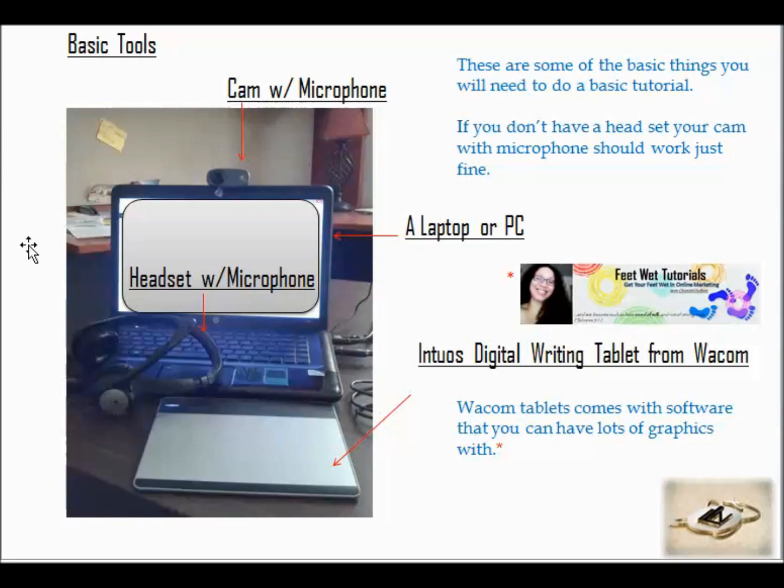I just want to show you a little bit here, as I said, with these tools. Here's my little camera. It has a little mic built into it. And then here's the headset with the mic. And here's my tablet. So these are the basic things that you will need to do a tutorial.